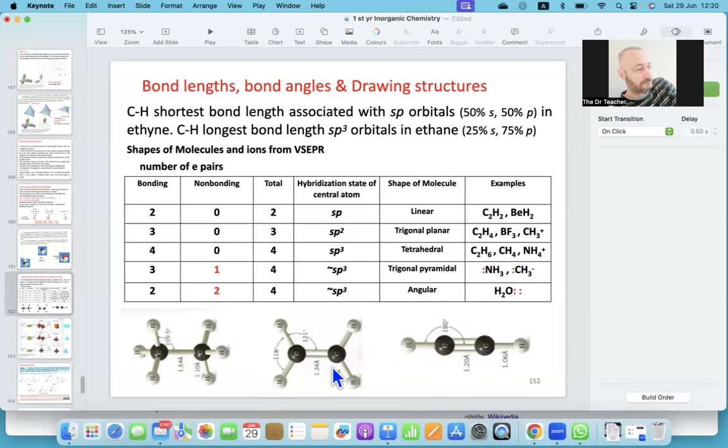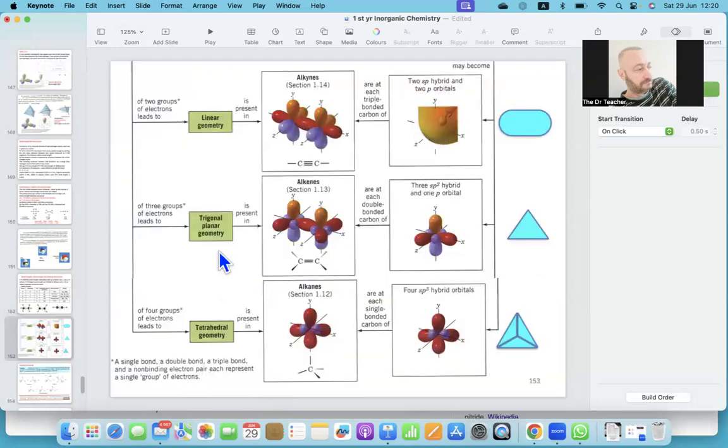Here we have trigonal, and we have here the tetrahedral for each one of them. Now, the linear geometry, as we explained, is in the alkynes, triple bond. Trigonal planar we can find in alkenes, double bond, and tetrahedral for the single bond, as in methane.